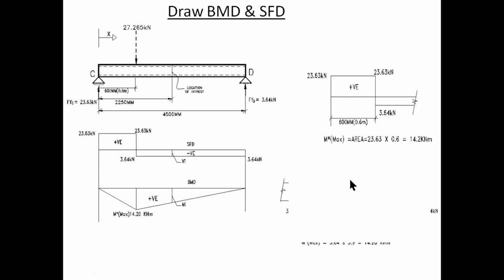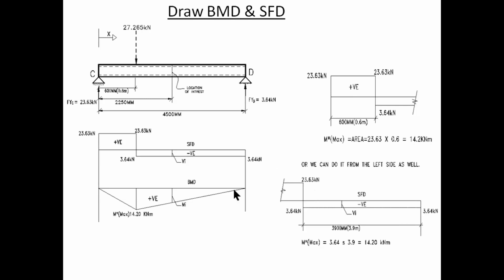Or if you want to take it from the right side, it would give us the same result. That means it will be 3.64 times the length of 3.9, and it's 14.2 kilonewton meters.